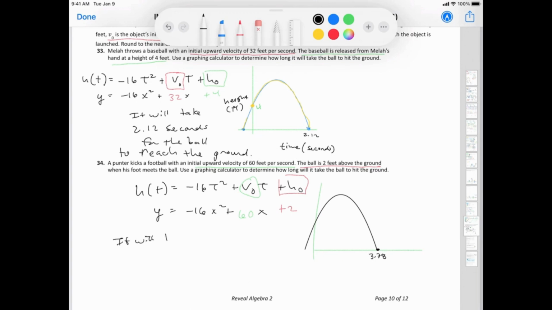It will take approximately 3.78 seconds for the ball to hit the ground.